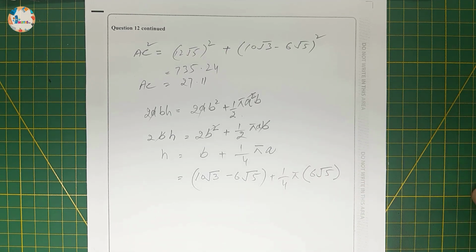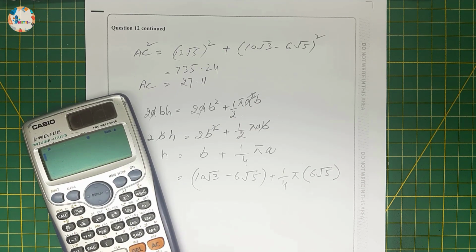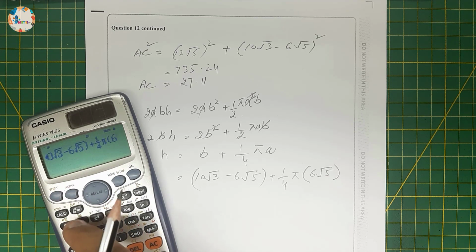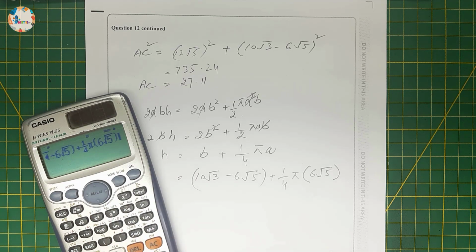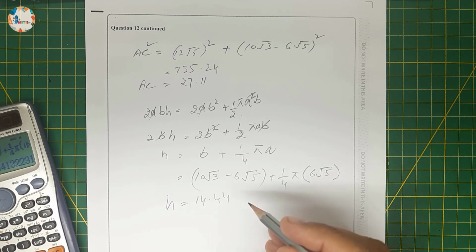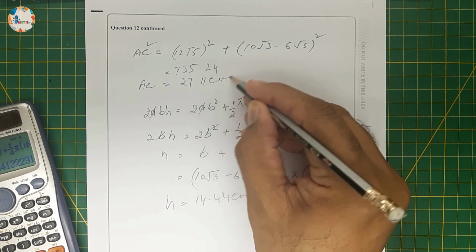Now we can find H: (10 root 3 minus 6 root 5) plus 1 over 4 times pi times (6 root 5), and this value is 14.44. So 14.44 is the value of H. This is all in centimeters.